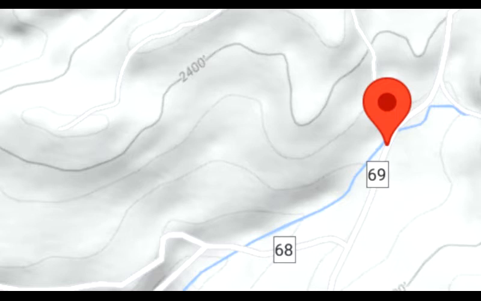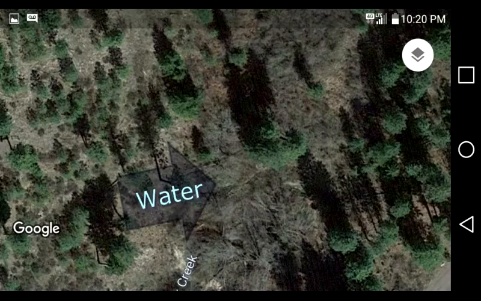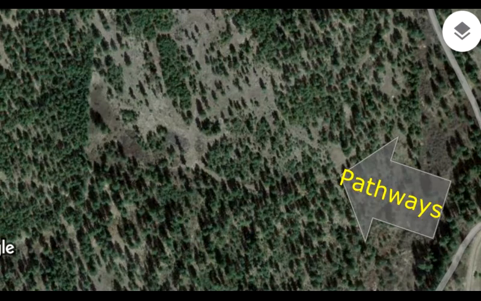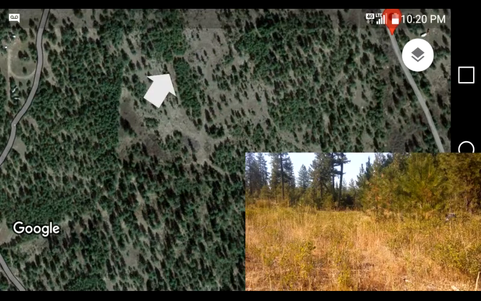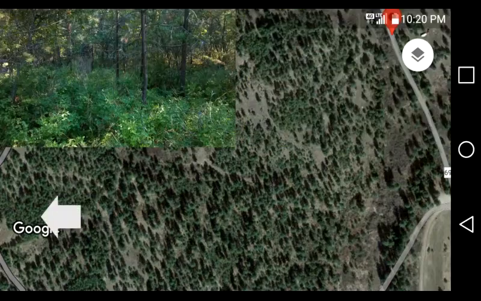Okay, so moving on, we've established our topographical map of our property here, and with this topographical map, we are going to start looking for the three things that we as a design firm follow. We start off with where's the water, where are the pathways, and where are the plant guilds in relation to the water and the pathways.